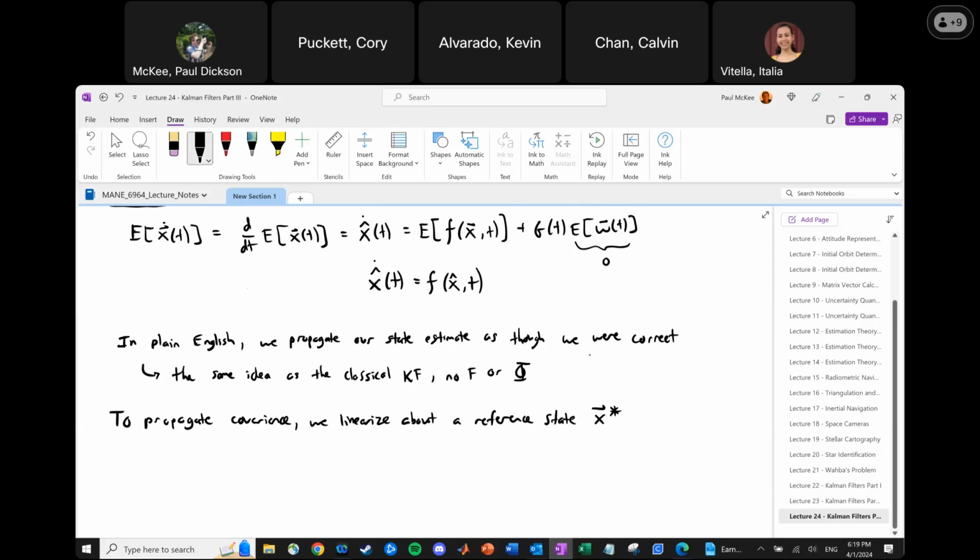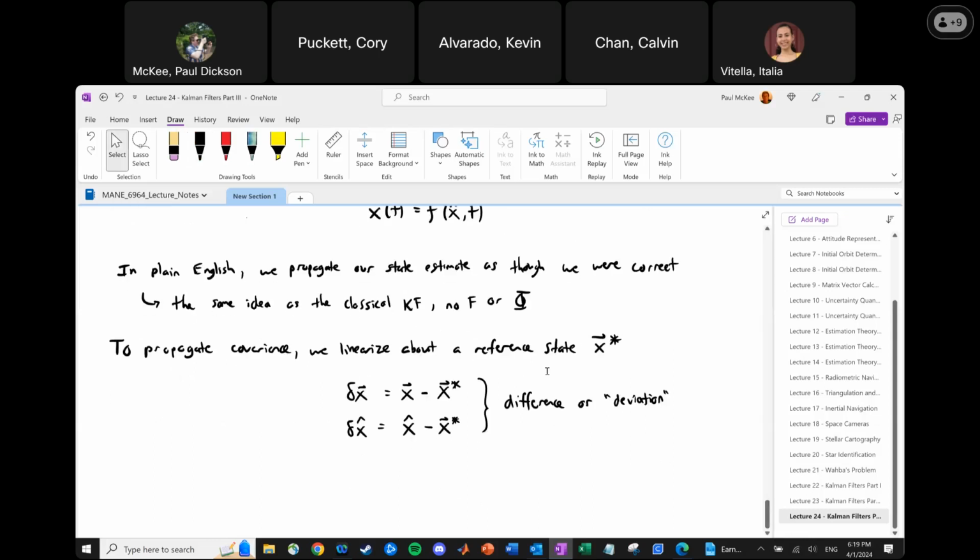So if we say, okay, the true state minus the reference state is going to be delta x, and delta x hat is our best estimate of the state minus the reference state. So in this case, what we've acquired is called a difference or deviation. And we're actually going to be propagating the deviation, not the state itself.